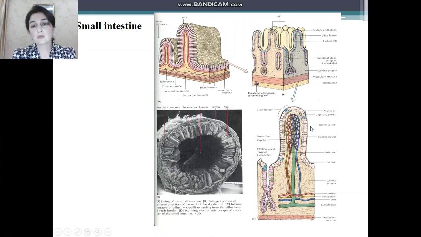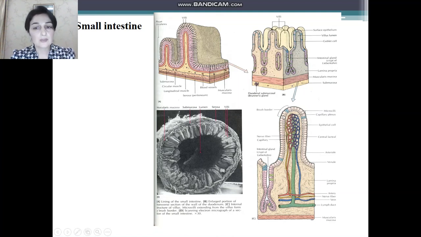Finally, let's look at one villus. If we look at one of these villi, we will see that the surface of the small intestine is covered by, first of all, simple columnar epithelium. Simple columnar epithelium includes cylindrical shaped cells.